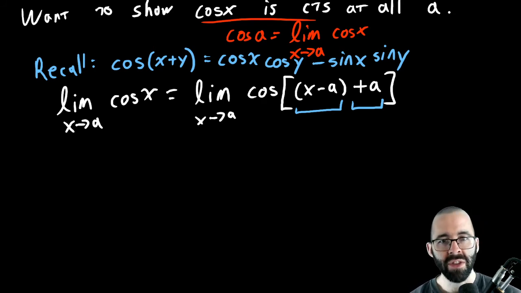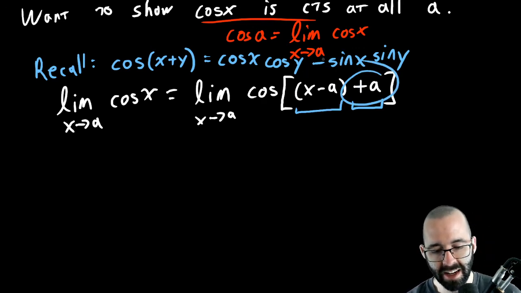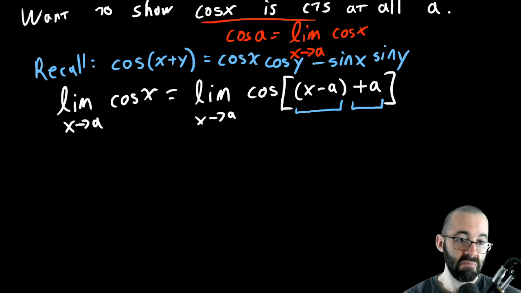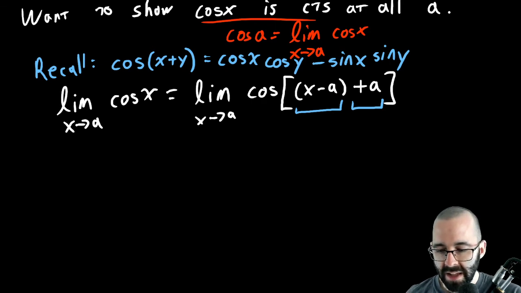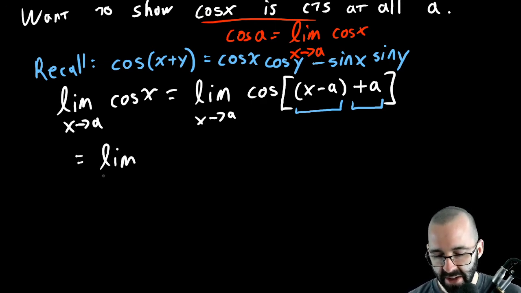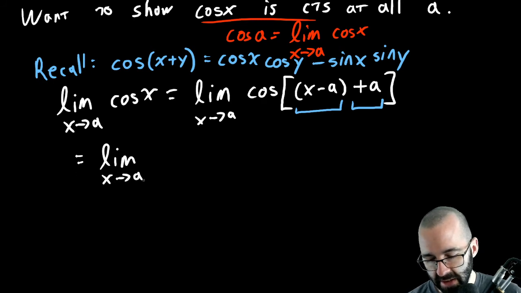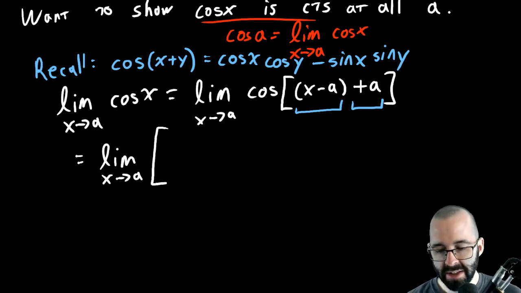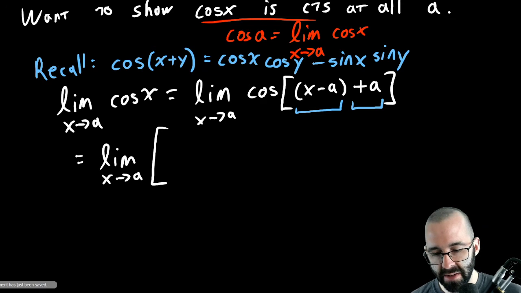The cosine of one thing plus another thing, the first thing is x minus a, the second thing is a. We're still true. We can subtract and add a. It doesn't change anything. Now we can use the angle sum formula. The limit is still on the outside. The limit is just relaxing a little bit. Now let's use this blue formula up here.